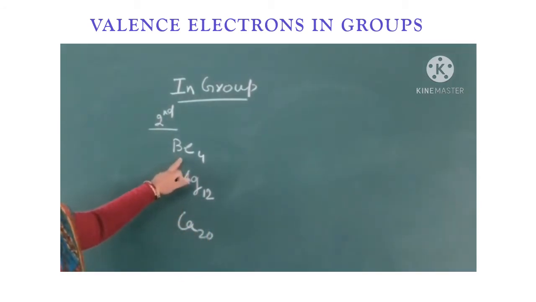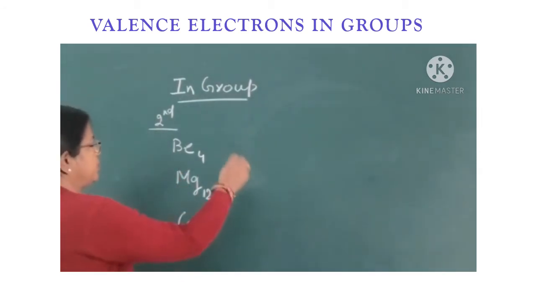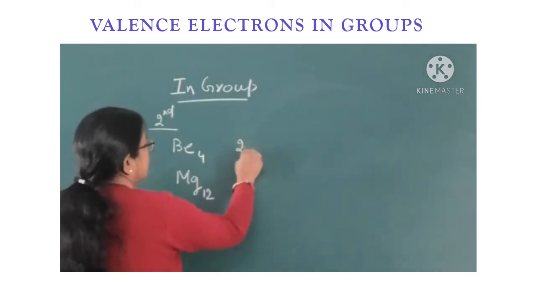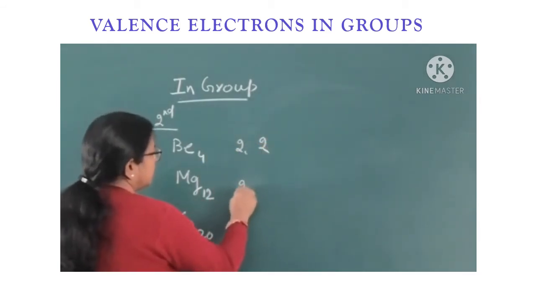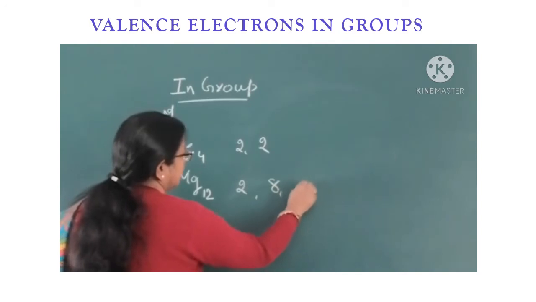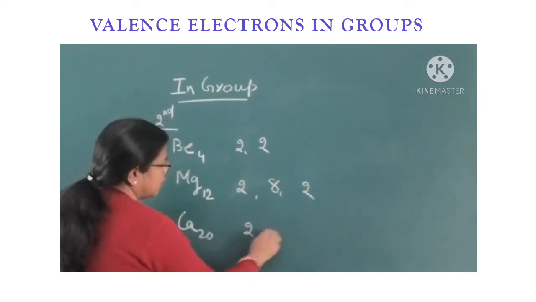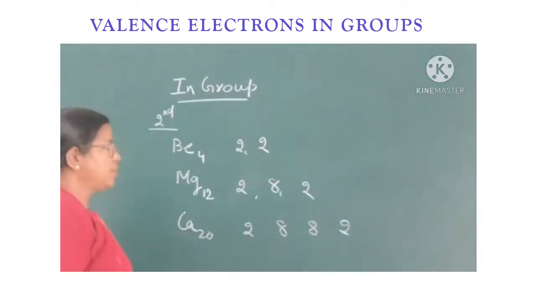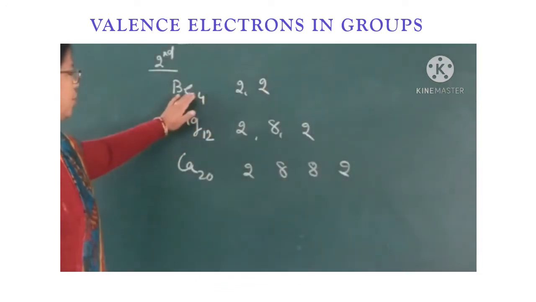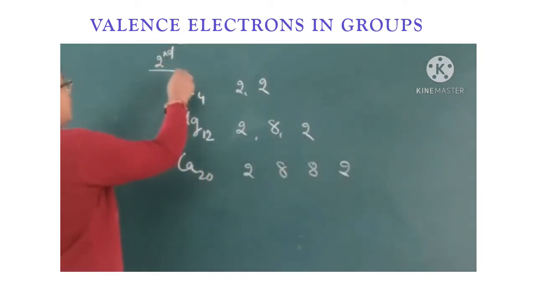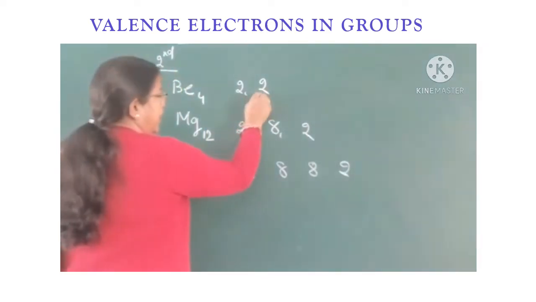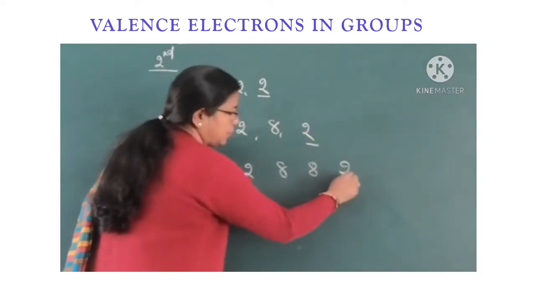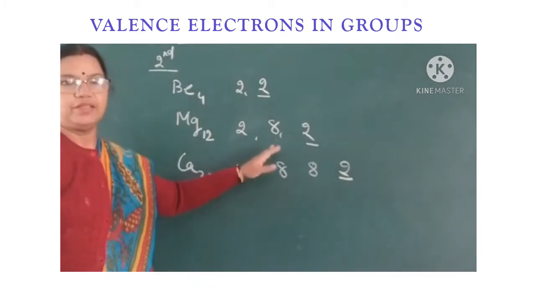Write the electronic configuration of all these three elements. Beryllium 2, 2, magnesium 2, 8, 2, calcium 2, 8, 8, 2. So if you see the valence electrons of second group elements, all of them have 2 electrons in their valence shell.